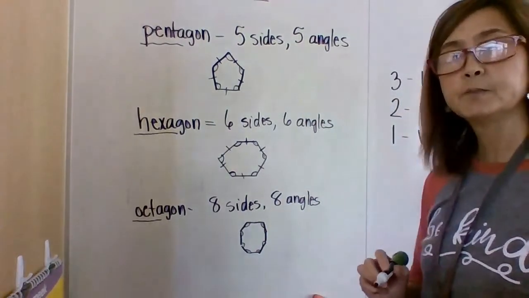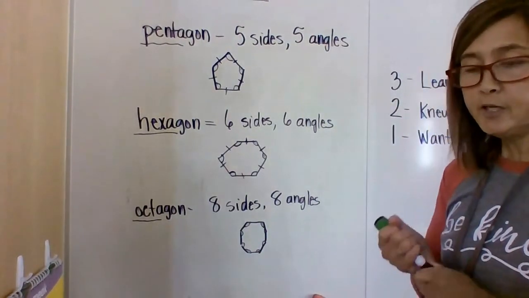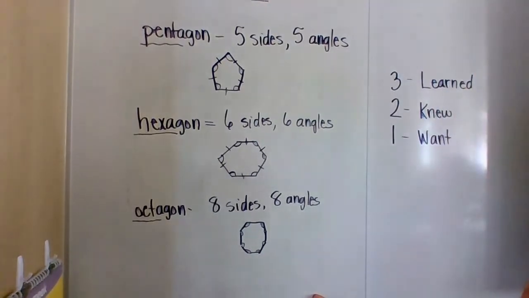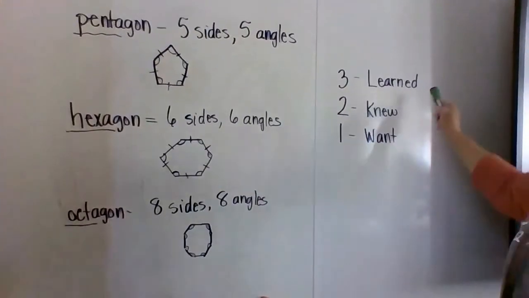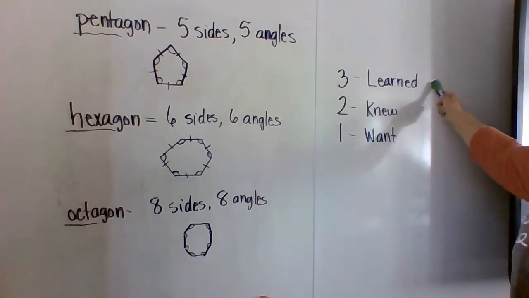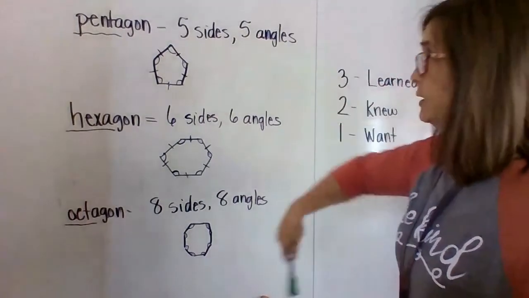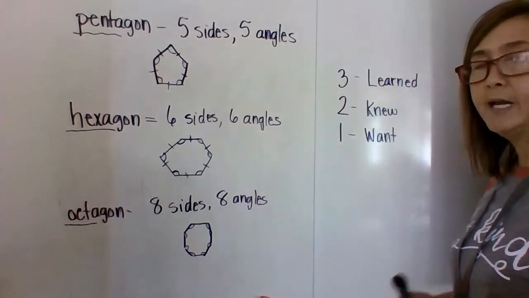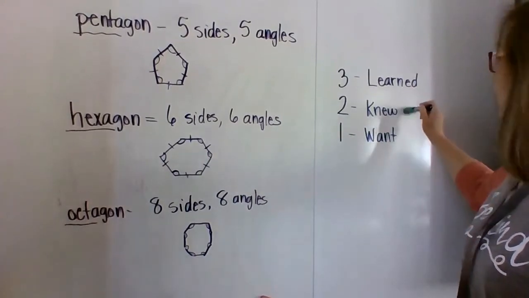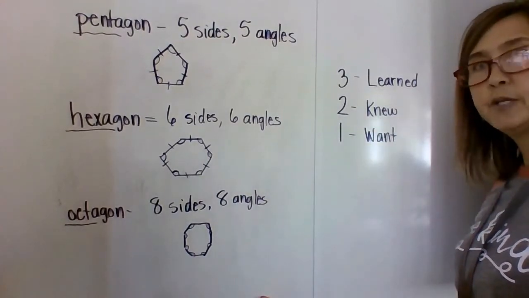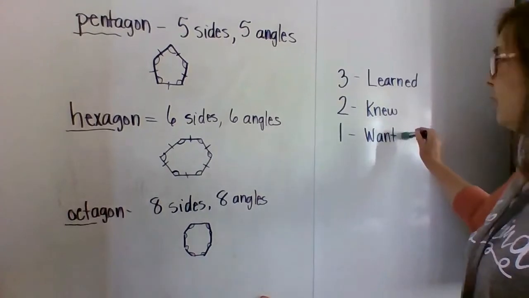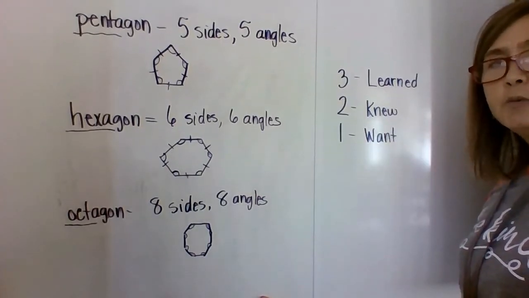Okay, so today you are going to do a 3, 2, 1. You're going to tell me 3 things you learned about polygons and the types of triangles. Any 3 things that you learned. If there were 2 things that you knew, tell me 2 things that you knew. And then what's one thing that you are curious about?